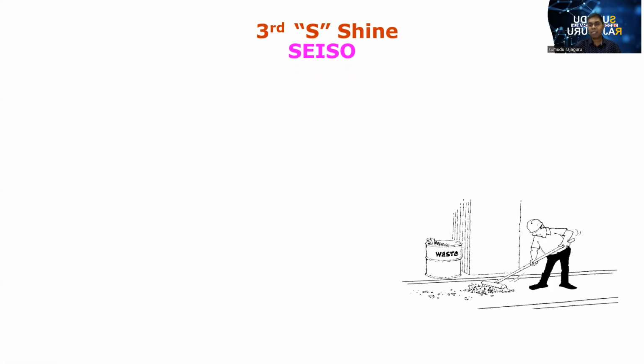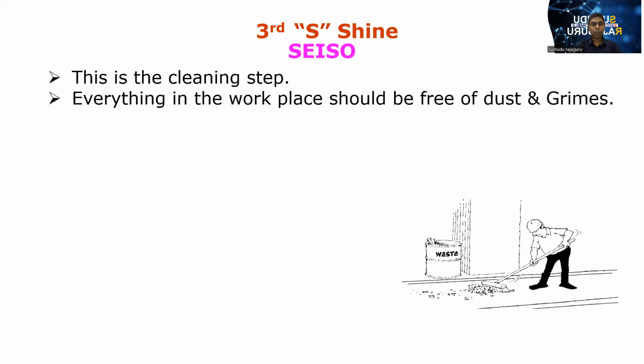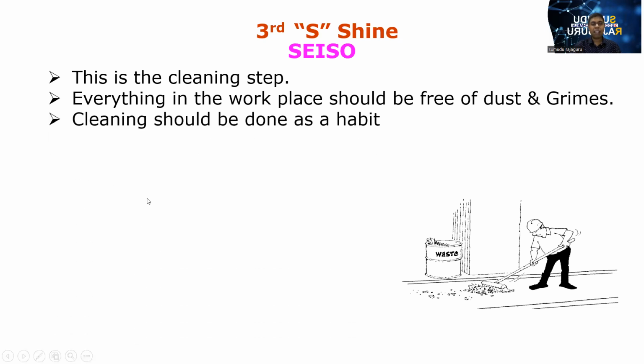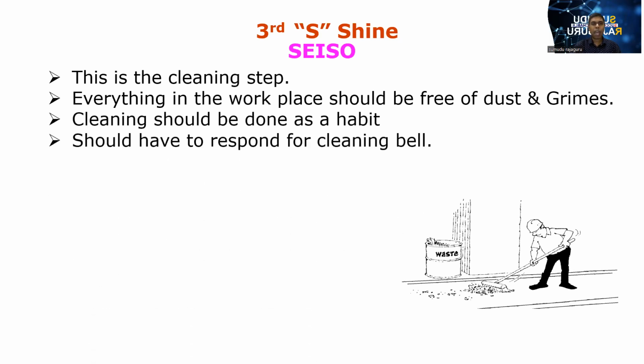Now, the third point is Seiso, the cleaning, shining. This is the cleaning step. Everything in the workplace should be free of dust and remnants. Cleaning should be done as a habit. We should respond to the cleaning bell, so we can set up a cleaning bell also.